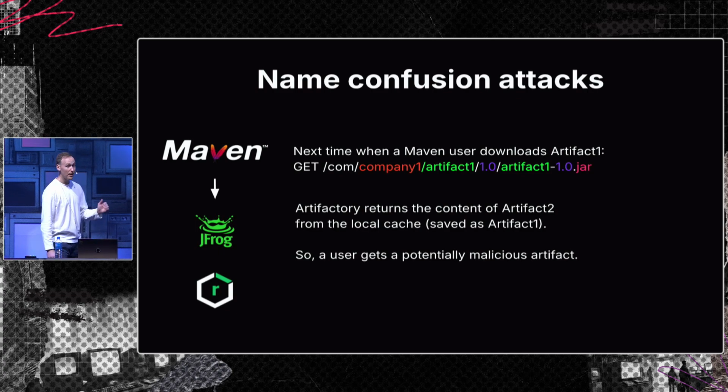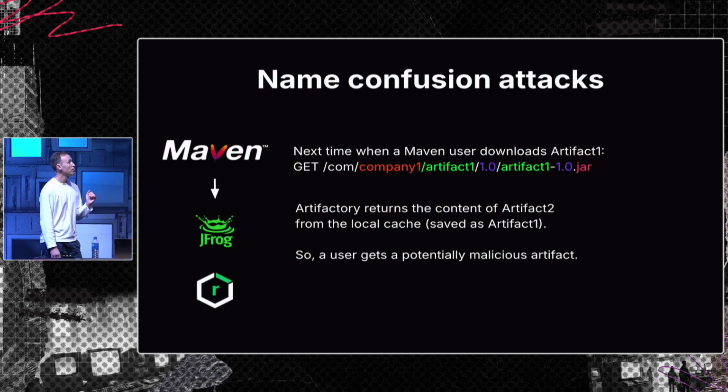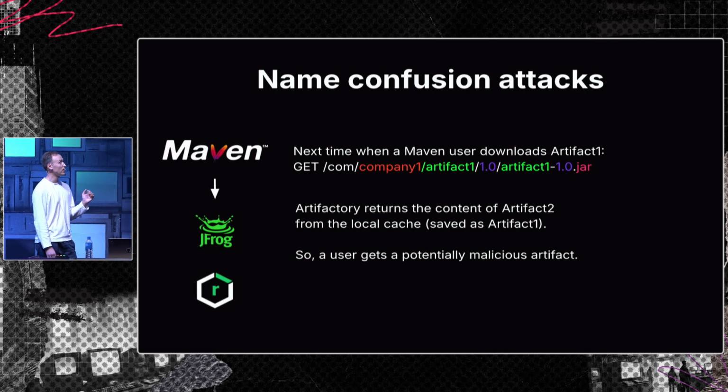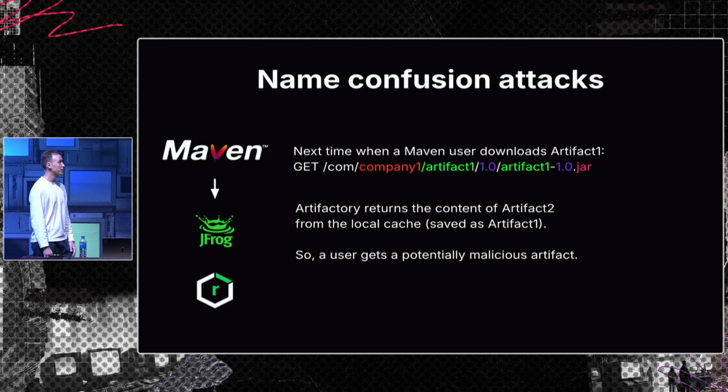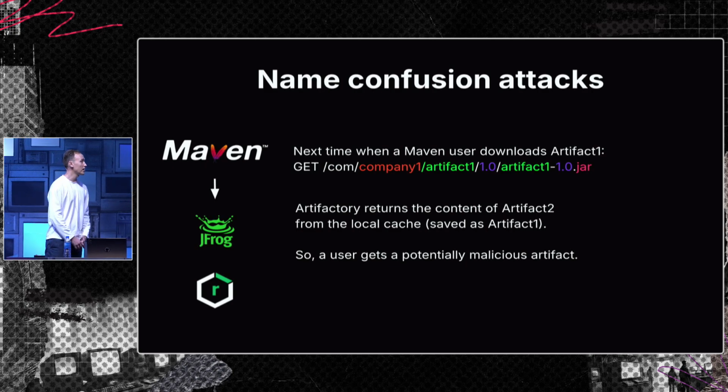So the next time any legitimate Maven user tries to download artifact 1 from the JFrog repository, they actually get the content of artifact 2. So a user gets a potentially malicious artifact.